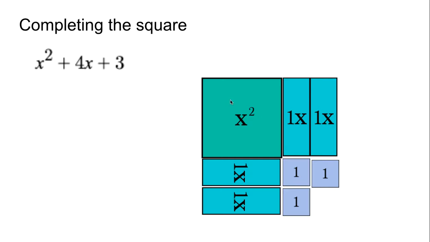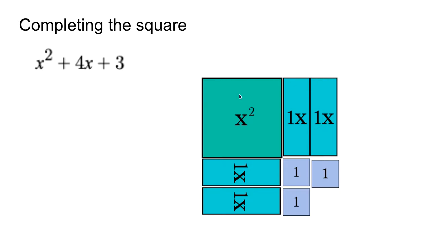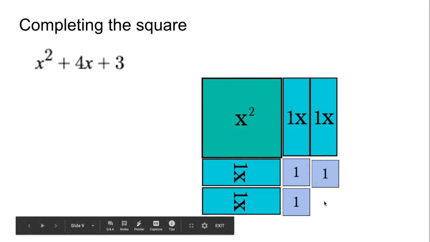So what I have to do is take my x squared and then divide these four x's evenly between here and here. And that gives me the dimensions x plus 2 times x plus 2. And then I take my three remaining tiles, I put them here in the corner, but I'm missing one.